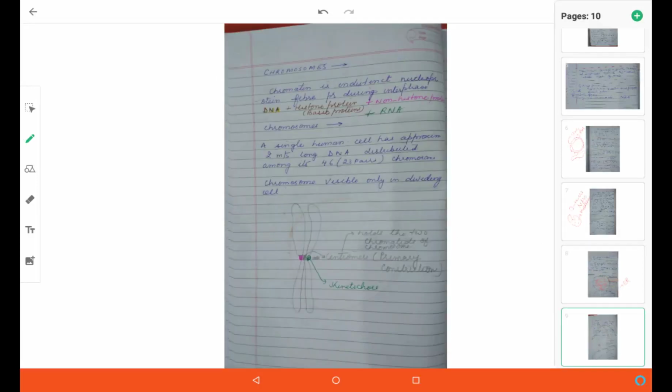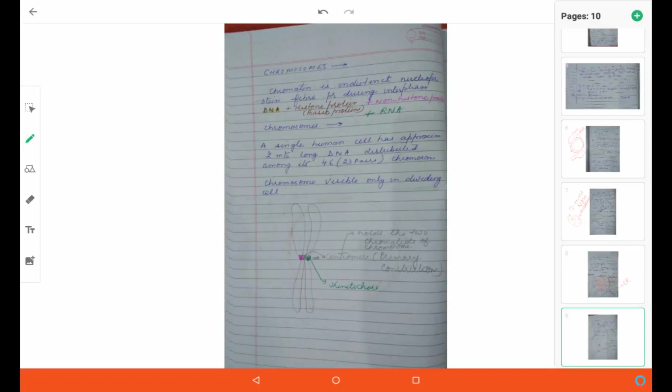Now come to the chromosome. The indistinct chromatin material which is laid inside the nuclear membrane during interphase gets associated with DNA, histone proteins which are basic in nature, and also some non-histone proteins for stabilization purpose, along with some RNA, and condenses, that is dehydrates, to form chromosomes.